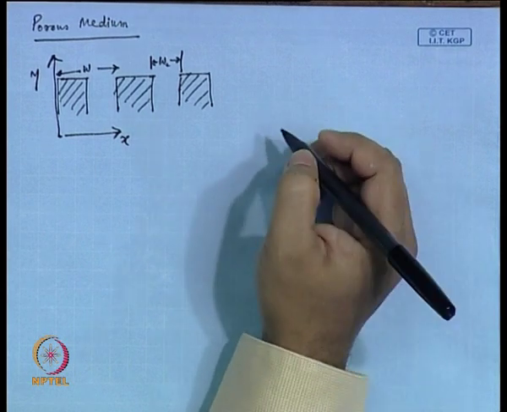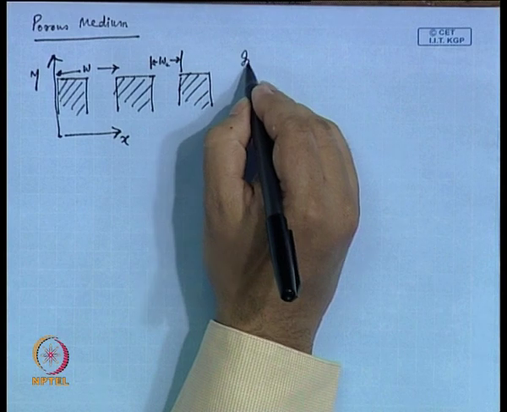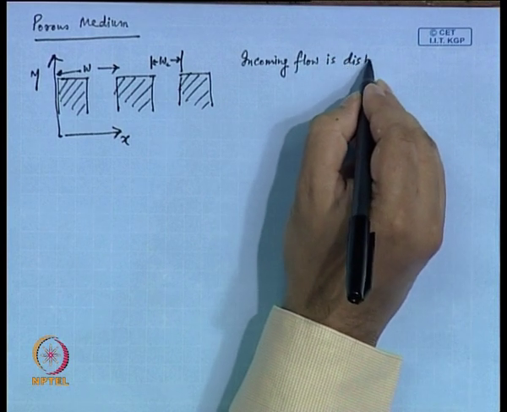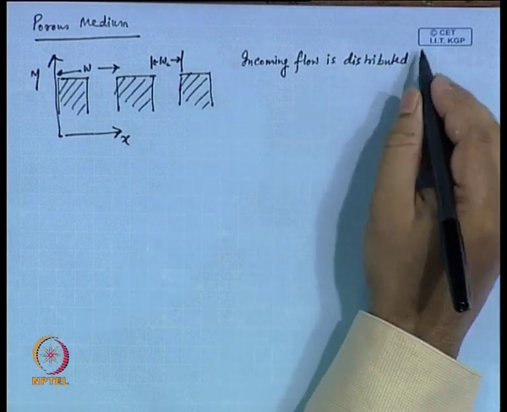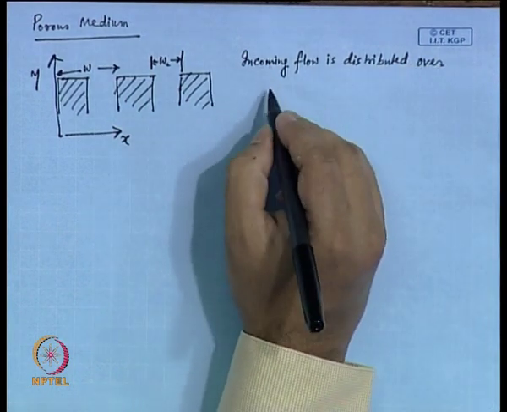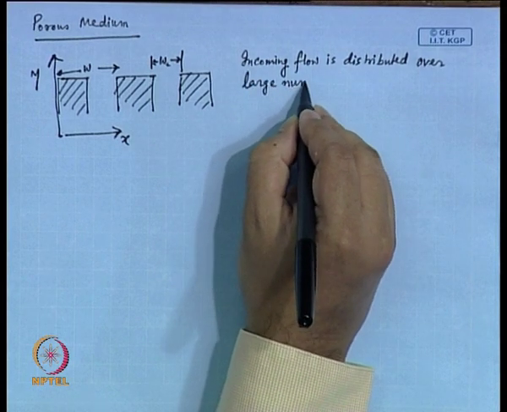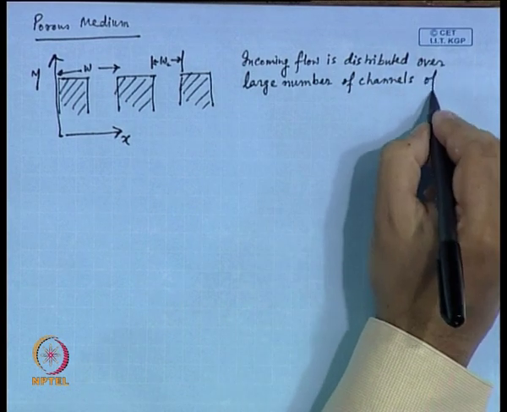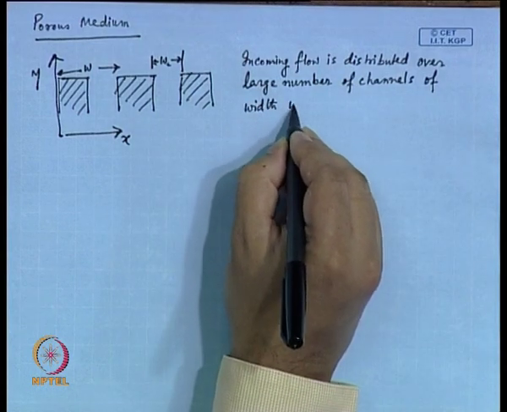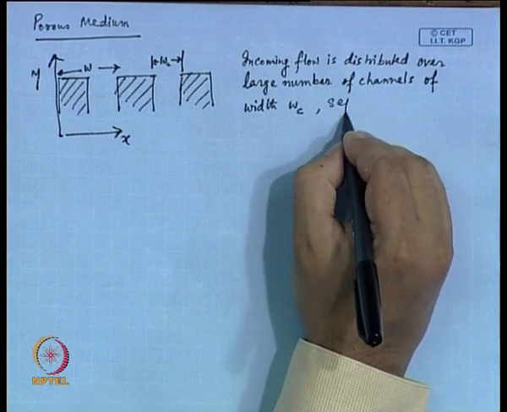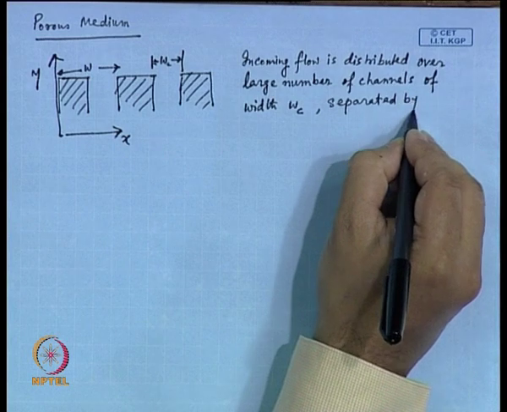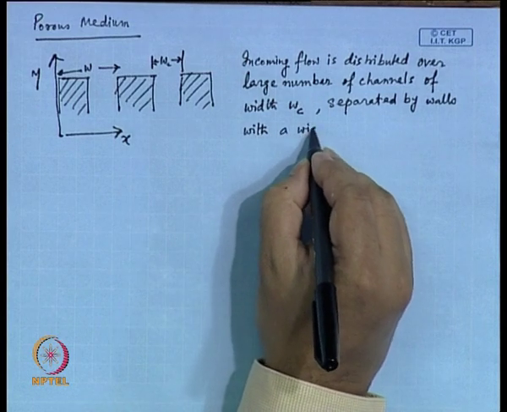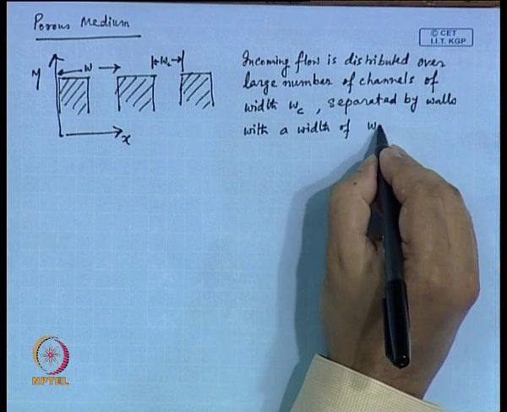Now, what we must say here is that the incoming flow is distributed over a large number of channels of width W c separated by walls with a width of W minus W c.